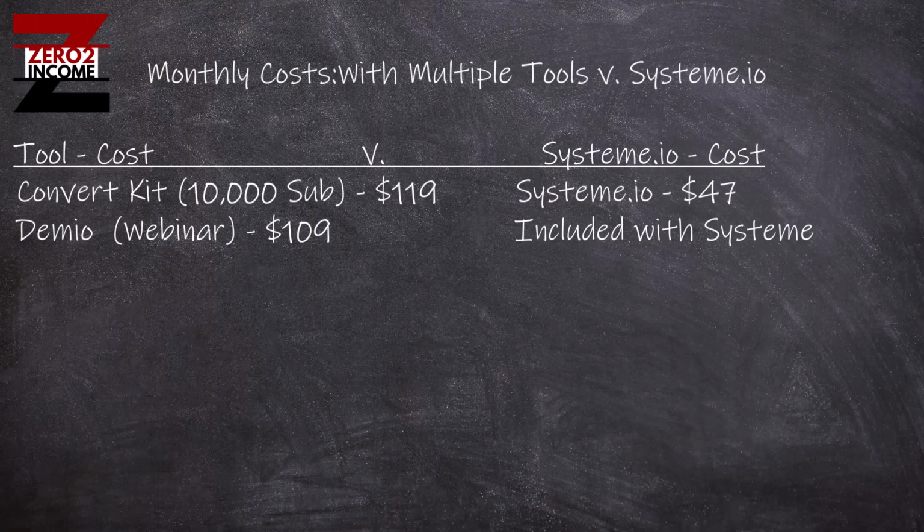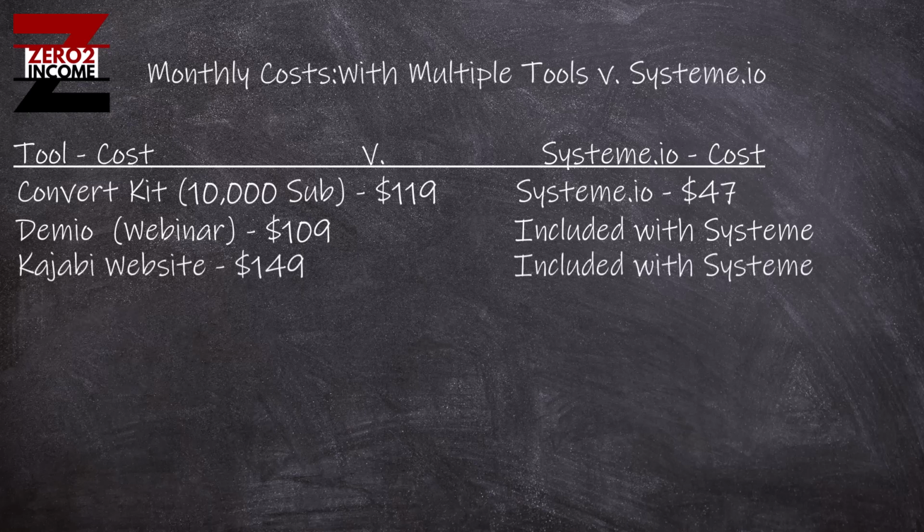Okay, we'll pop back over here and take a look at the next tool. The next thing you need is a website. You need a place to direct folks to sign up for your webinar, to pay for the webinar, to host maybe a course that you're going to be selling, and or maybe a coaching product. A lot of the gurus are recommending Kajabi.